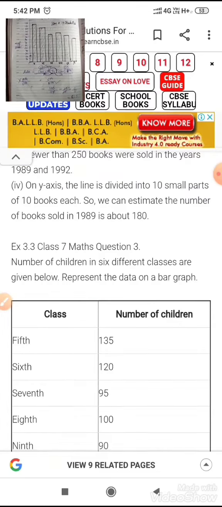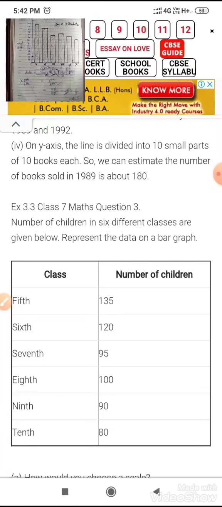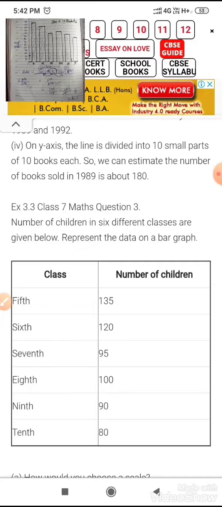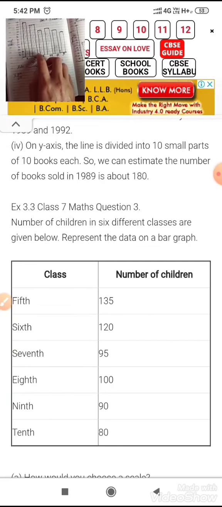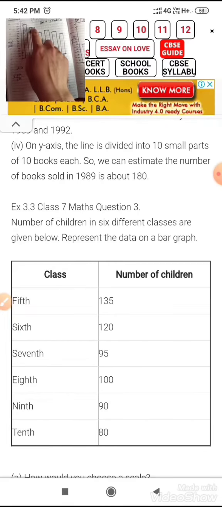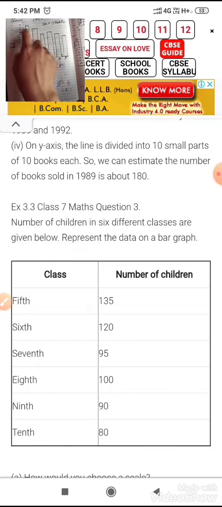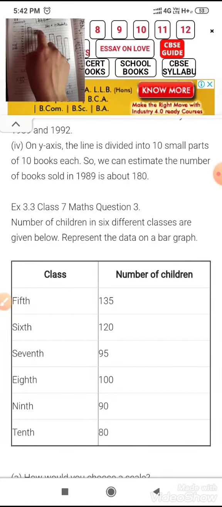Next we have to plot a bar for 6th class. Their strength is 120, so the length of this bar is up to 120 students.